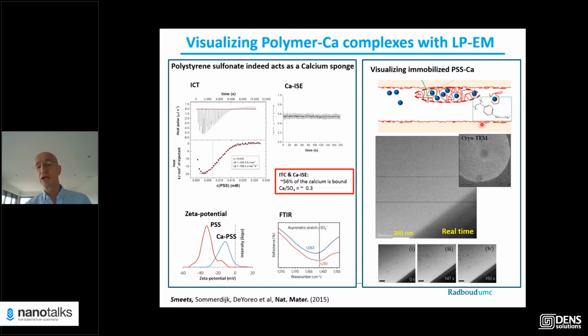We can also visualize them with cryo-electron microscopy, and we see that indeed we have these round blobs in solution. So these are polymers containing calcium ions. And similar to the biological situation where you have these sugars with sulfonate groups that act as calcium sponge, we now hoped that we could use these to nucleate calcium carbonate crystals.